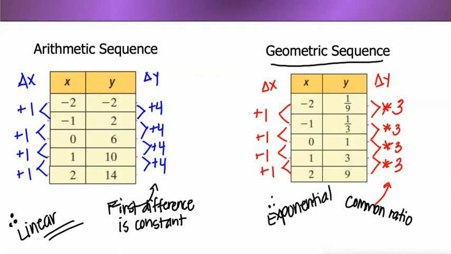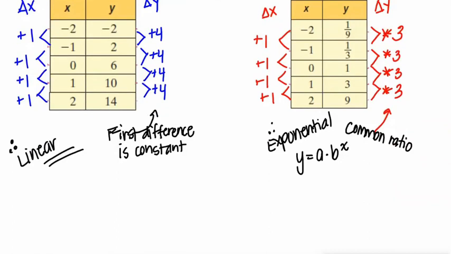So remember when we had those exponential functions, y equals the initial value times b to the x. So in this case, our initial value is when x is 0. So our initial value is 1. Our b value is our common ratio. So this would be y equals 3 to the x.